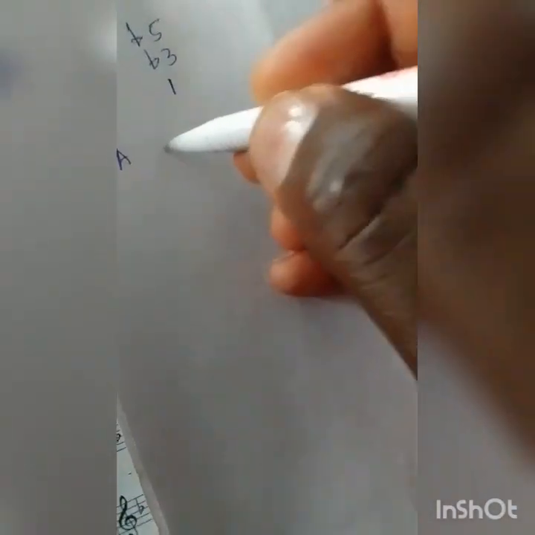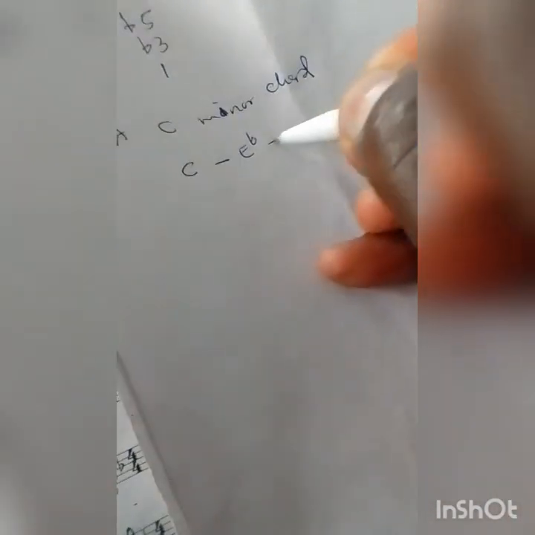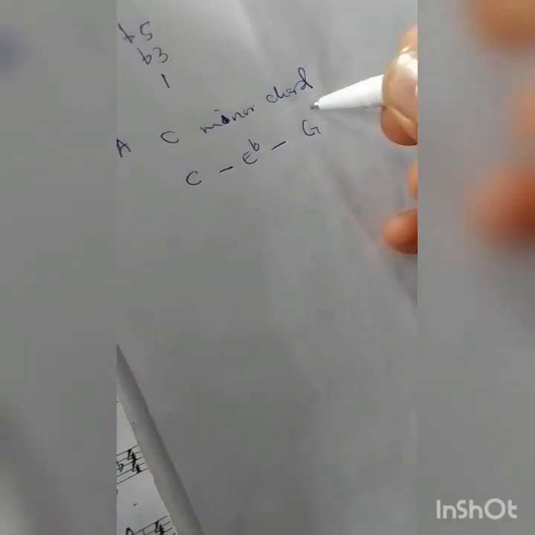A diminished chord has its formula, which is a root, a minor third, and a diminished fifth. So when looking at a C diminished chord, a C diminished chord will have C, E flat, and G flat.